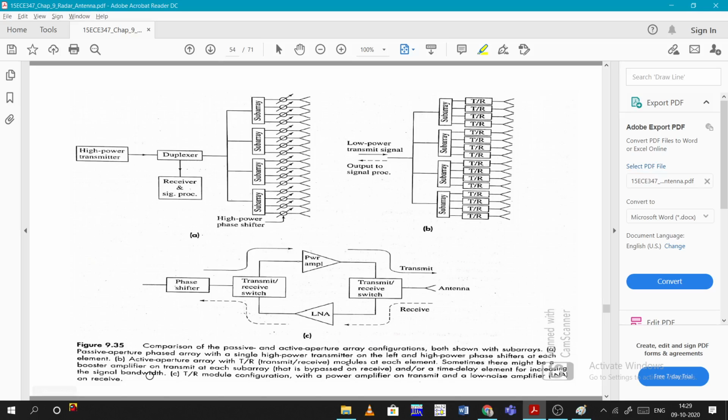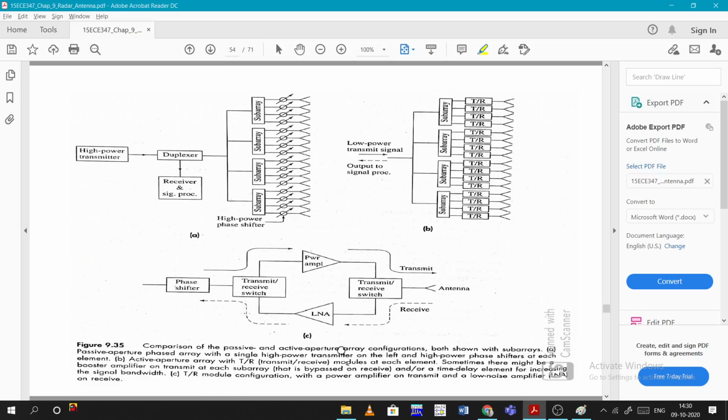Sometimes there might be a booster amplifier on the transmitter at each subarray, a bypass on receiver, and or a time delay element for increasing the signal bandwidth. Anything can be placed over there.